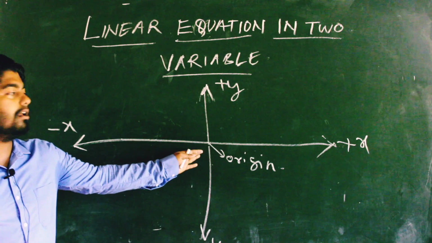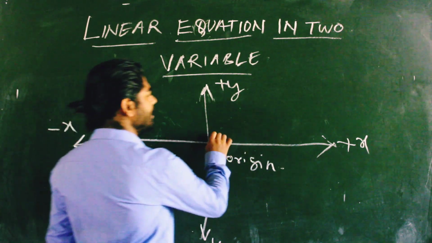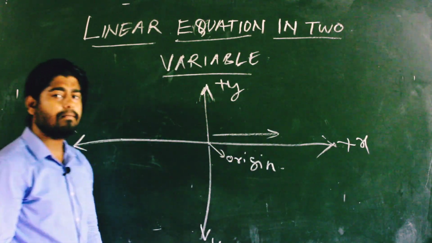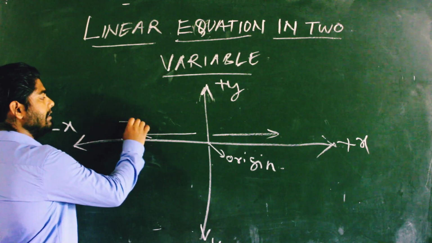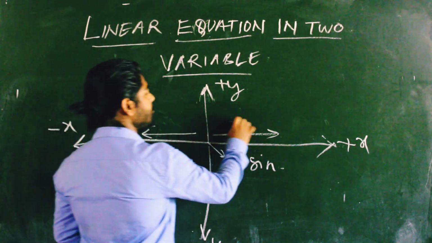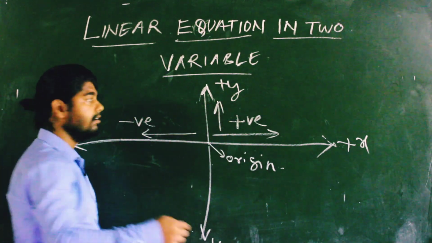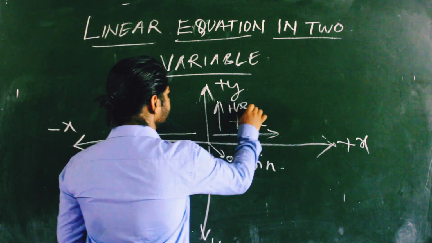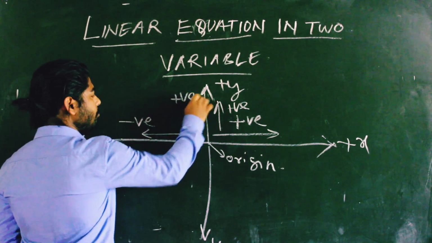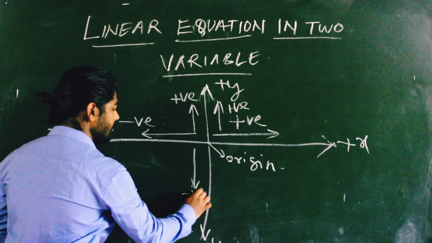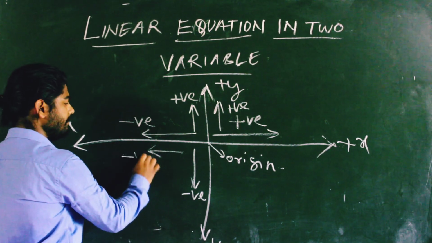While going from the origin to the positive side, it's like a number line. You will get all bigger numbers once you go this side. If you go this side, you will get all the smaller numbers. If you go up, it's positive. If you go down, you will have negative numbers. If you go this side, again you will have negative.